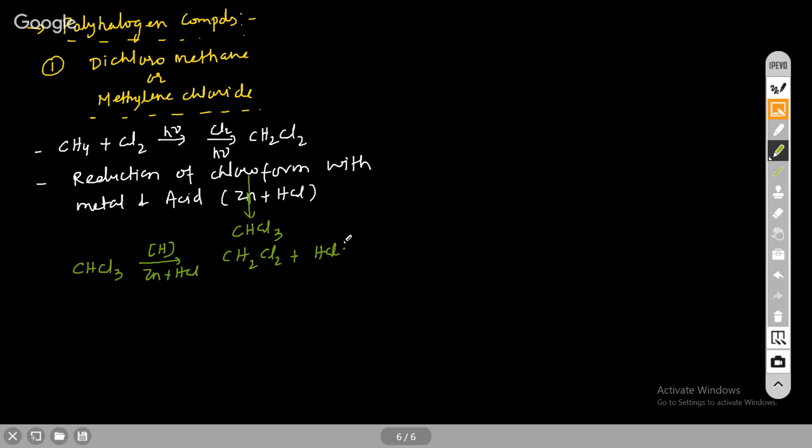These are the two preparation methods of dichloromethane, which are not that important. What is the use of this? It is used as a solvent, an inert solvent. We have already seen this.